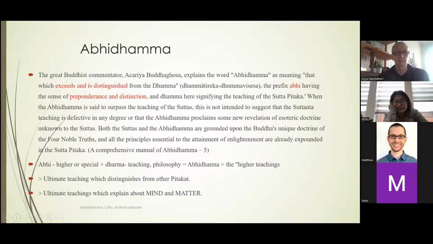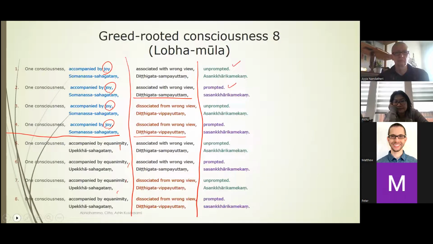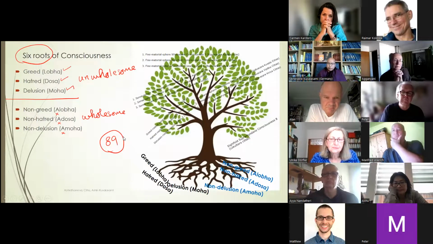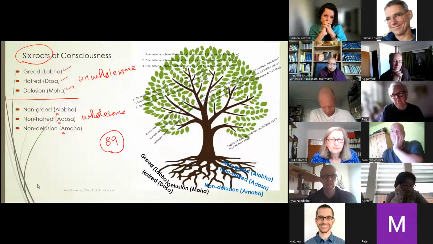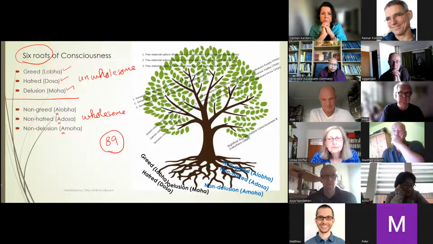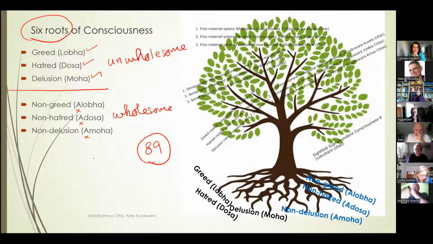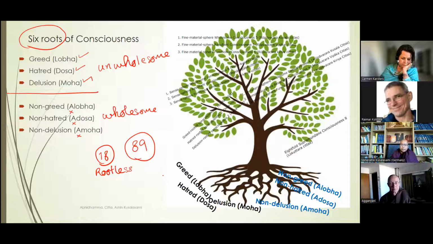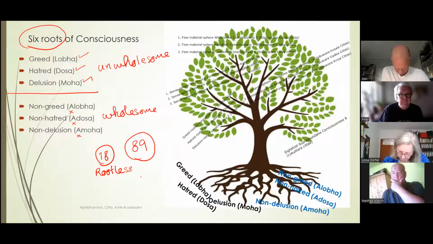Out of these 89, only 18 consciousness are rootless. And the other 71 chetas are accompanied by these 6 roots.